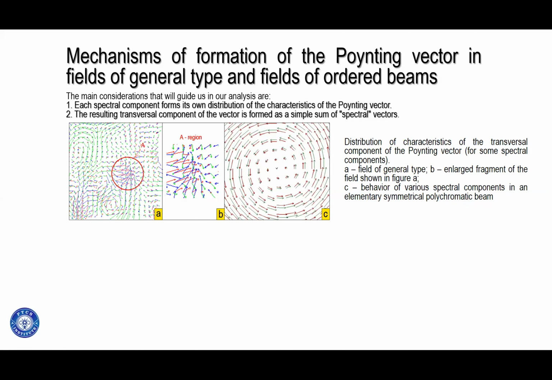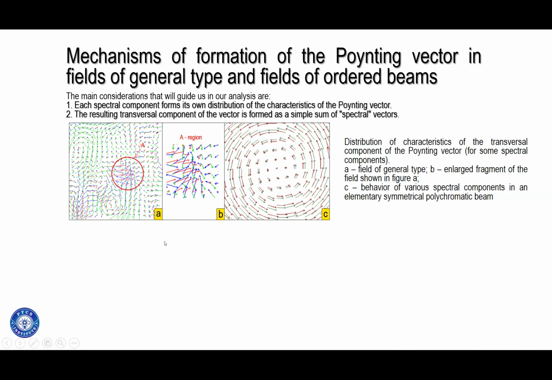structures. In this sense, we have identified two boundary cases of the field structures. The first of them: fields of general type, a good example being speckle fields. And the second: certain fields with central symmetry, like a Gaussian beam or Vortex 1.